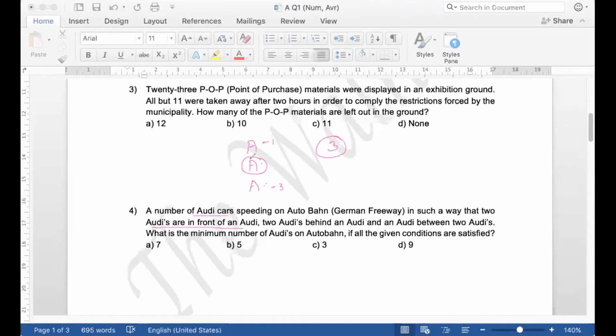This question can be asked in different ways. For example, sometimes they may ask, in a house there are 2 fathers, 2 sons, 1 grandfather and 1 grandson. What's the minimum number of people in that household? That means the minimum number of males in that household.